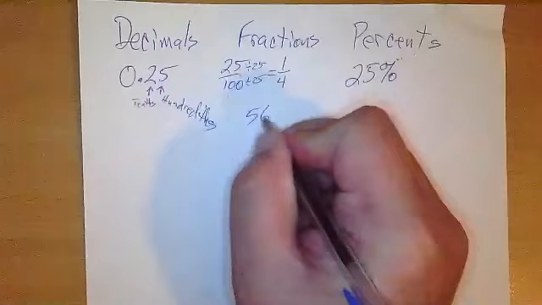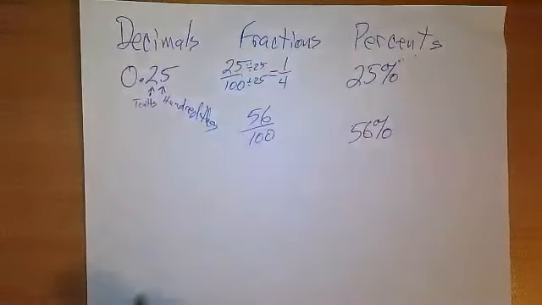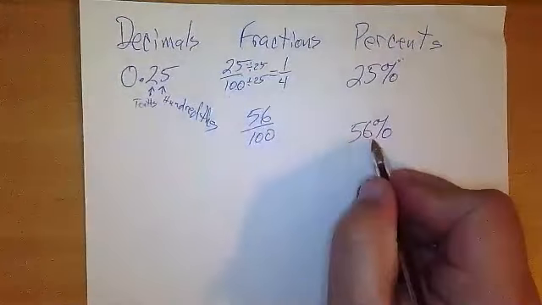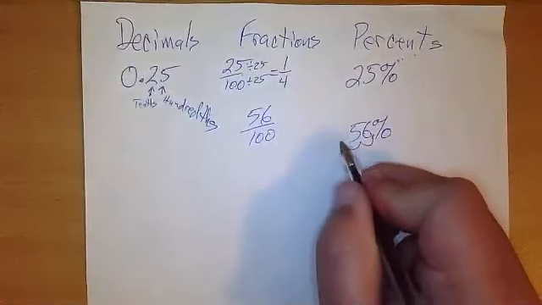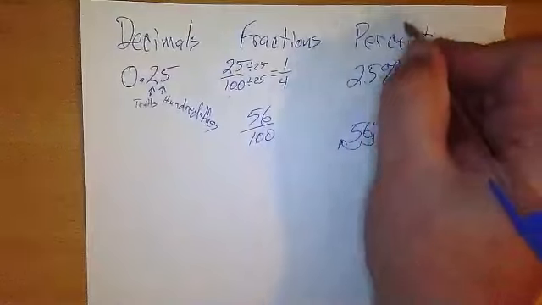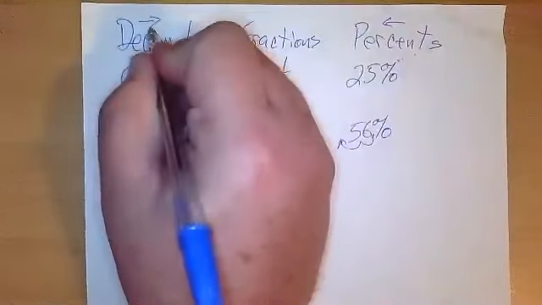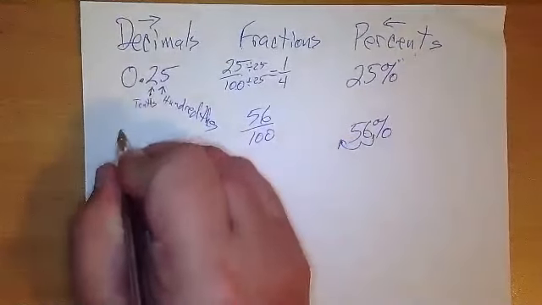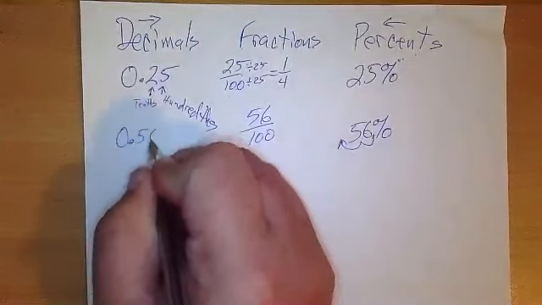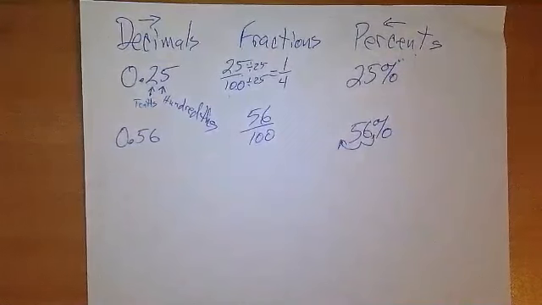So we're going to get 56 hundredths, okay? Because remember, when we're converting from percents back to decimals, we move this direction, right? So percents go this way, decimals go that way. So if I go back to decimal places, I'm going to get 0.56. I hope you got that right.